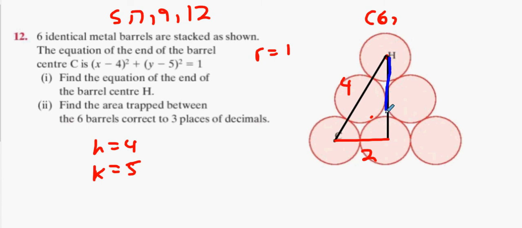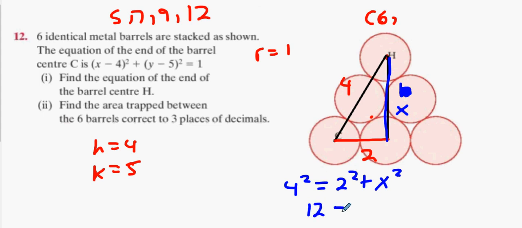And we know what the distance of the blue line would be then. What's it? 4 squared plus? Sorry, 4 squared equals 2 squared plus, call it h squared. Oh, sorry, h is already in use. Call it x squared. And 16 take away 4, 12. What's the square root of 12? 2 root 3. Is 2 root 3 okay?